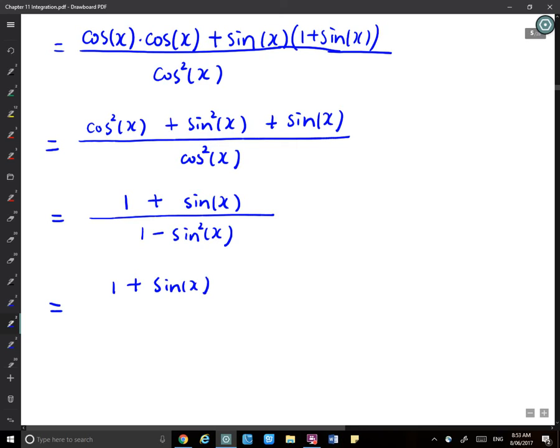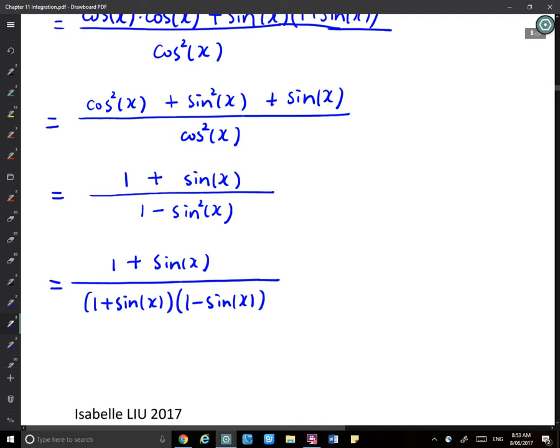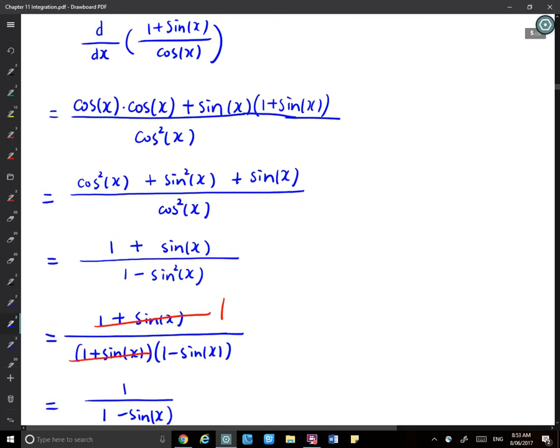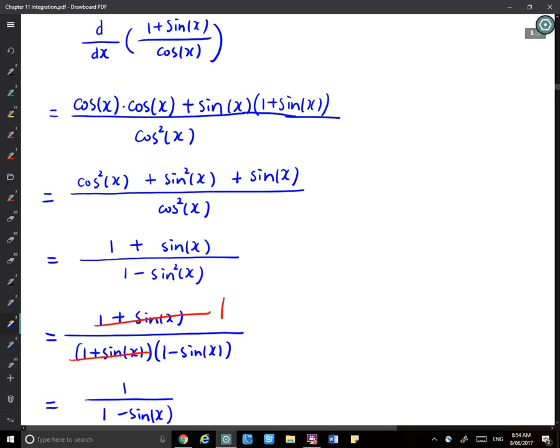I need to find some way to cancel the whole thing on the top. Now I can cancel. That 1 plus sine x and that one become 1 and 1. So therefore that is 1 over 1 minus sine x.